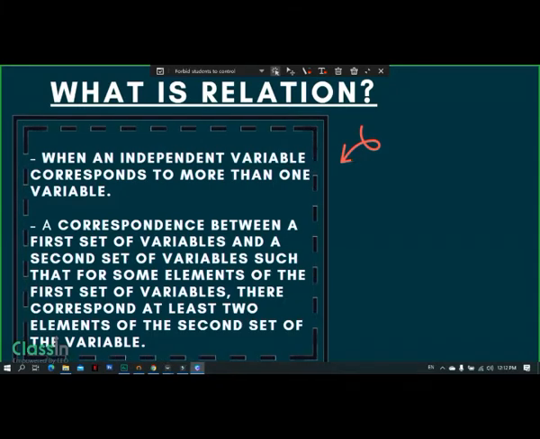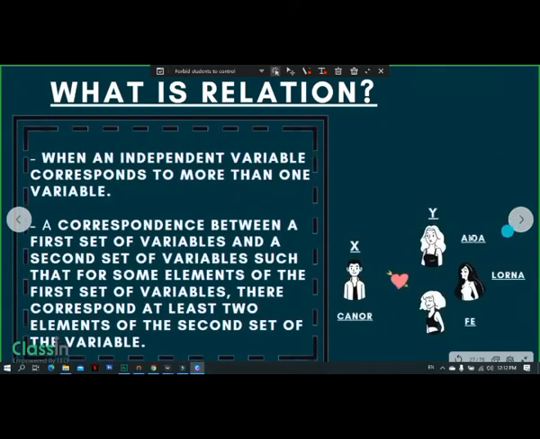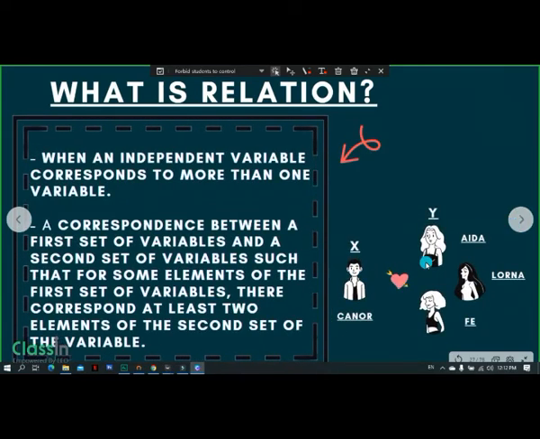Like, for example, yung kanina nga kay Kanor, noong una kay Aida lang siya, so that is a function, and then nung nagkabit na siya, meron na siyang Lorna, meron pa siyang Fe, relation na lang siya. Nakukuha po? So, ito po yan. Kanina nga, si Kanor, para lang kay Aida, ngayon may Lorna at may Fe pa siya. So, ito po ay example ng isang relation. Okay?